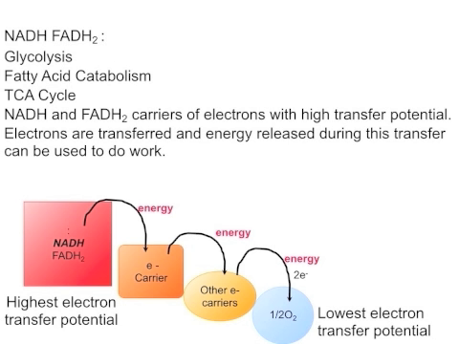And in so doing, as these electrons are passed from carrier to carrier to carrier, energy is released. And so, as these electrons are passed on through the electron transport chain, energy is produced that can do work. This work is going to be the pumping of protons from the mitochondrial matrix into the mitochondrial intermembrane space. This is going to set up a chemiosmotic gradient that will help to power ATP synthesis.